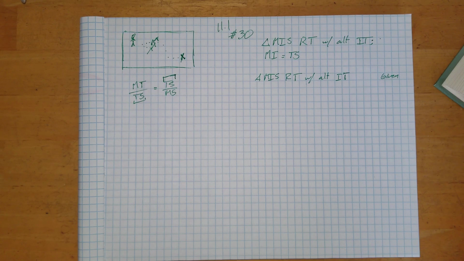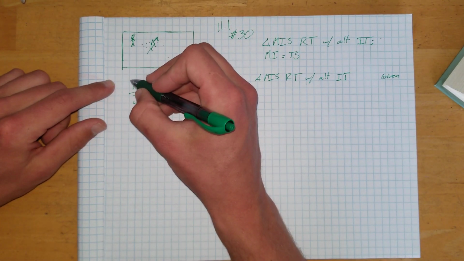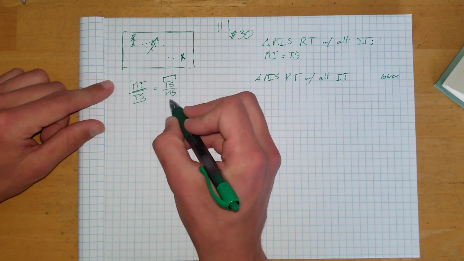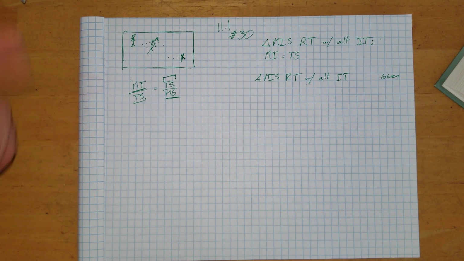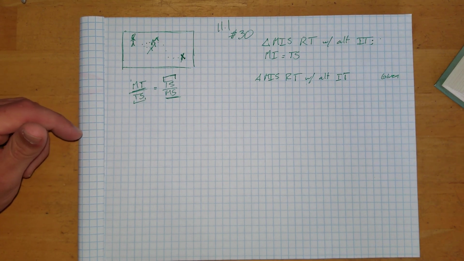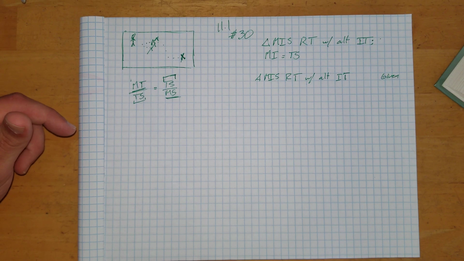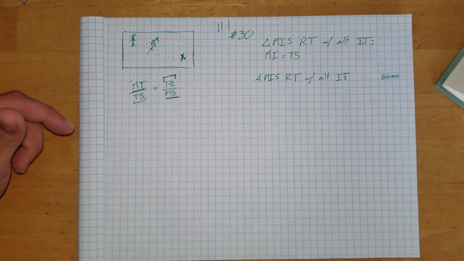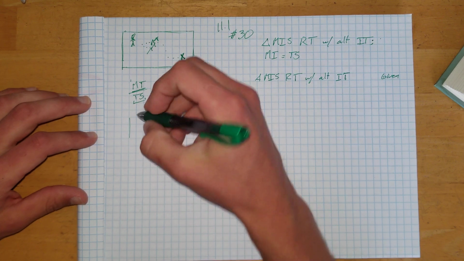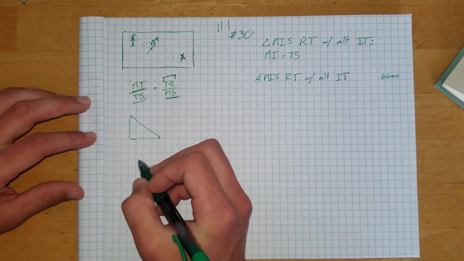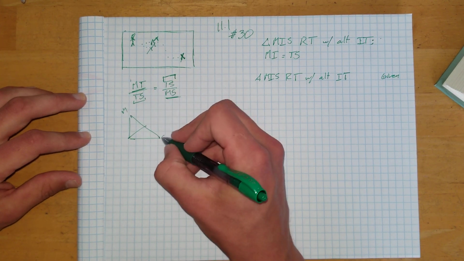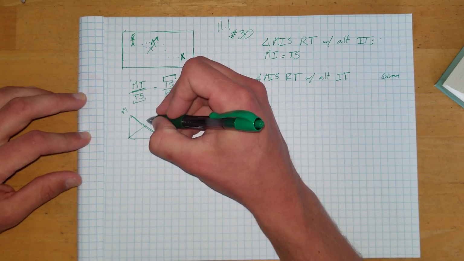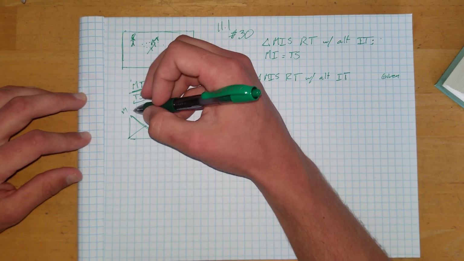That's another giveaway why we need Theorem 62, but we want MT and MS to match up with the theorem or corollary we're going to use. On number 30, MS is this whole distance here, and MT is this distance here.